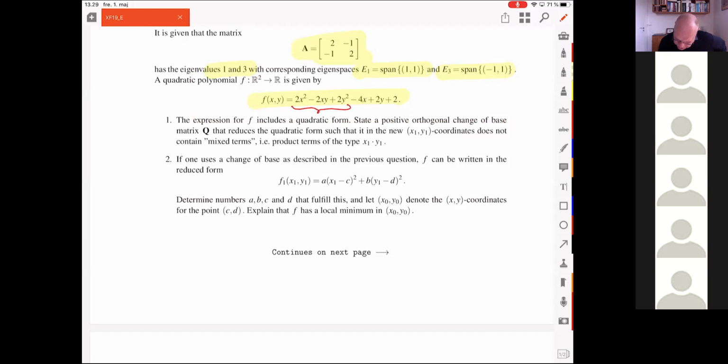Finally, when we've done so, we should explain that f has a local minimum in the point x0, y0 that corresponds to the point c, d in the x1, y1 coordinate system. Okay.